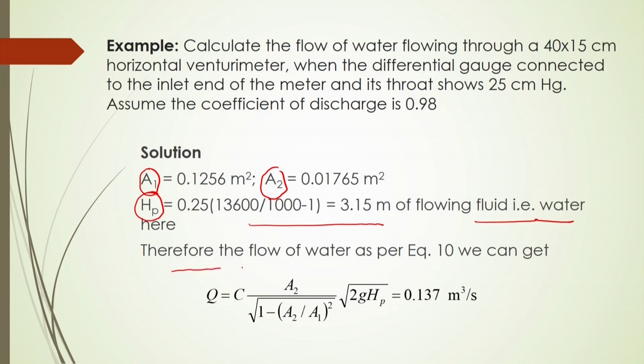Then the flow rate of water as per equation number 10 we can calculate, and we get 0.137 meter cube per second.